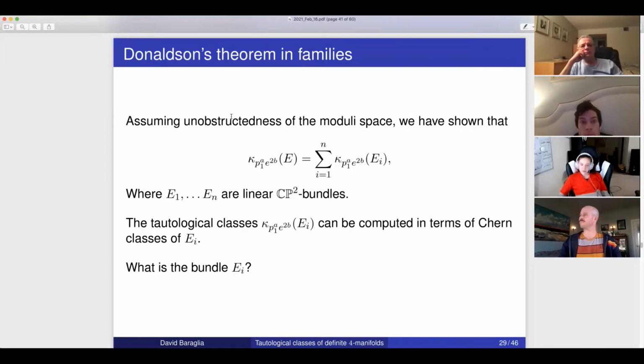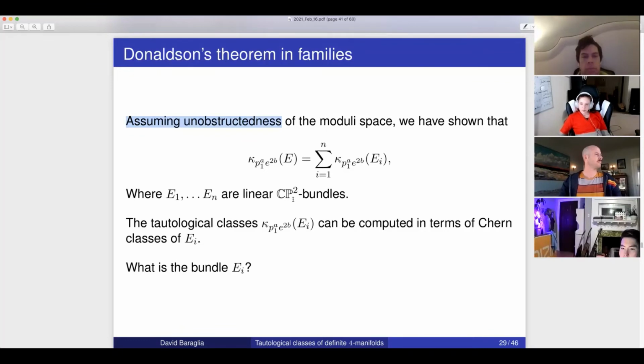So once again, assuming unobstructedness of the moduli space, we would get that the tautological classes of E are a sum of these tautological classes of these linear CP2 bundles. And we did this calculation for what those tautological classes are, and they're just this given polynomial phi in the Chern classes of Ei.